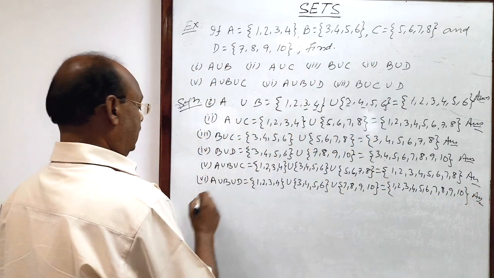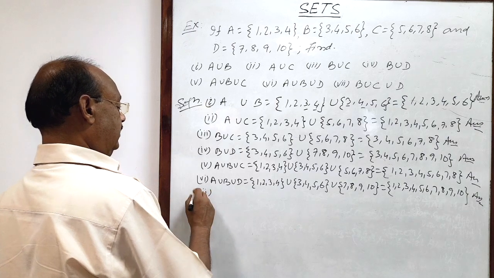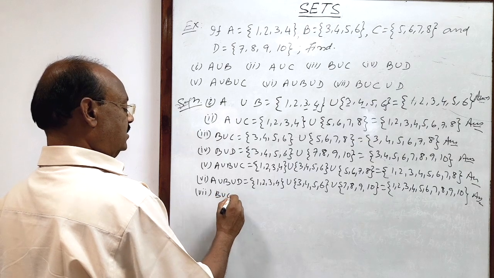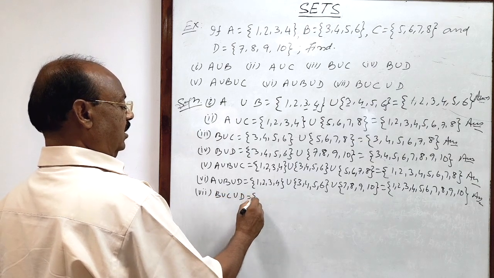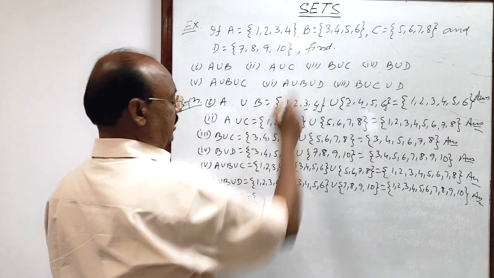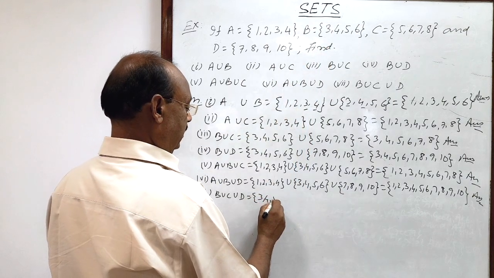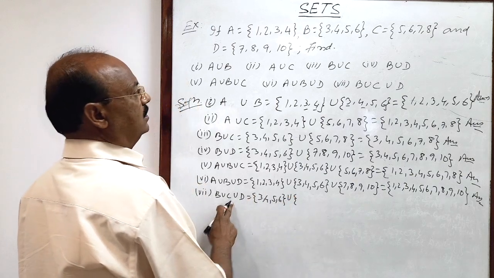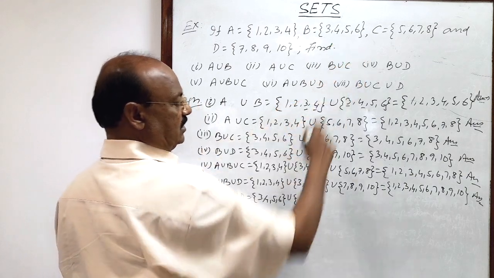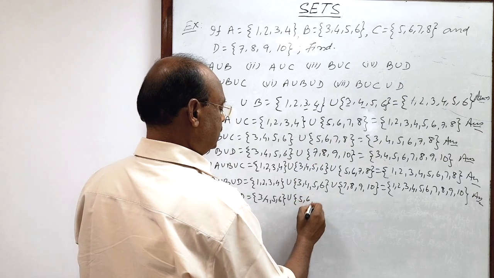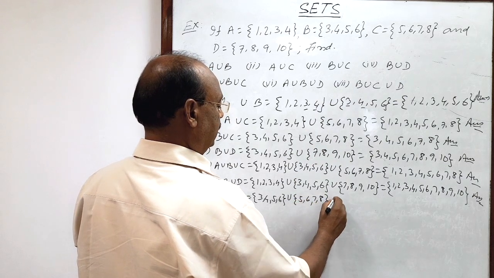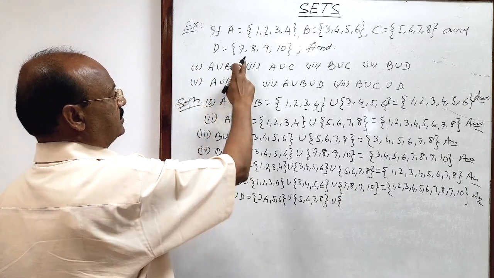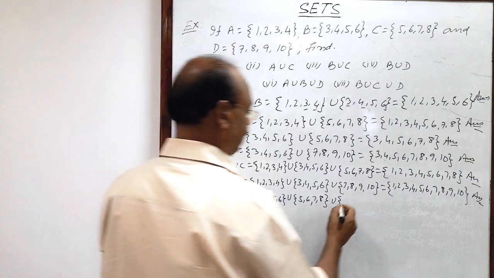And the last part, seventh, is B union C union D. Here set B is having elements 3, 4, 5, 6, set C is having elements 5, 6, 7, 8, and D is having elements 7, 8, 9, 10.